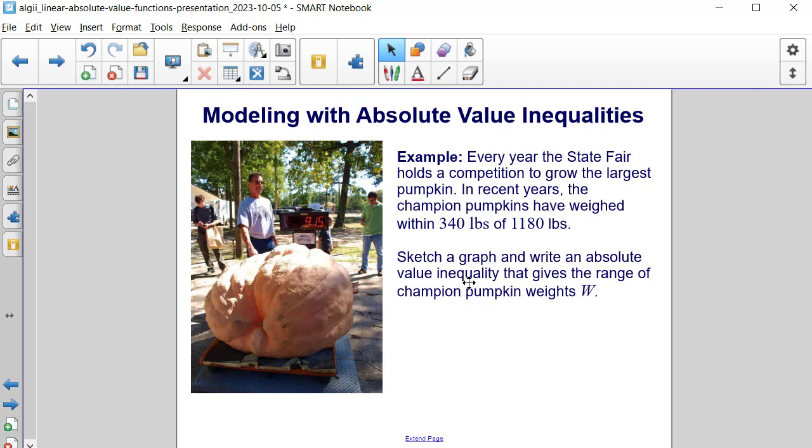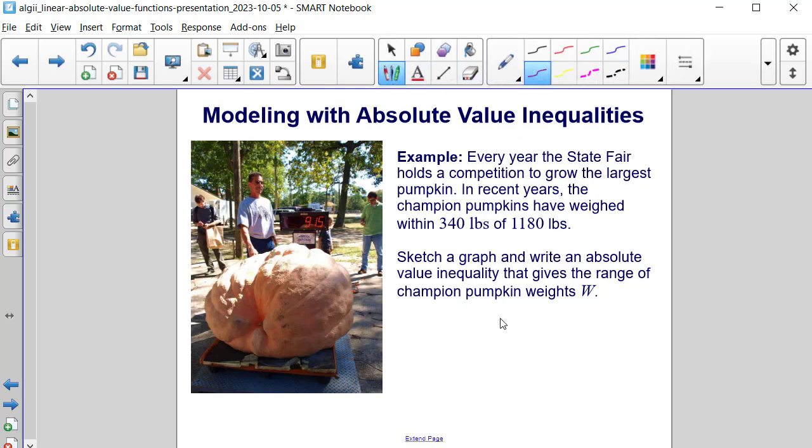Sketch a graph and write an absolute value inequality that gives the range of the champion pumpkin weights, capital W. All right, so instead of just having a random variable x, we're going to have a capital letter W. So the champion pumpkins have weighed within, so that's the amount that we are going to add and subtract from or to 1,180 pounds.